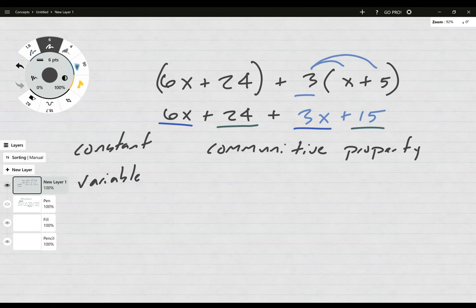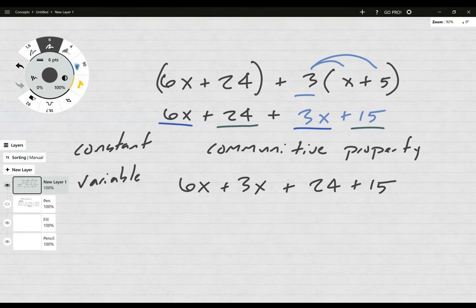So I'm just going to move the constant terms next to each other and the variable terms next to each other. So when I do that, make sure that it all stays addition because my signs are still positive. So now I have 6x plus 3x, those are my two variable terms next to each other, plus my two constant terms of 24 plus 15. Now I can just add them together.